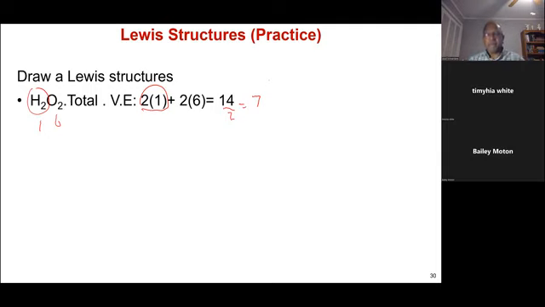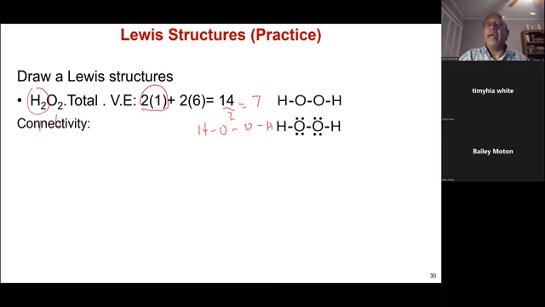There are going to be 7 pairs. So now we get the connectivity. What is the connectivity? Oxygen should be in the middle because oxygens are bigger than hydrogen. So I wrote down that that's the connectivity.